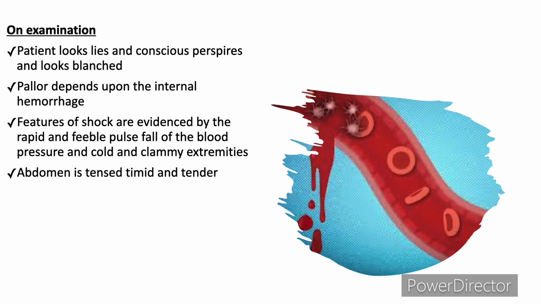Features of shock are evidenced by the rapid and feeble pulse, fall of the blood pressure and cold and clammy extremities. Abdominal examination reveals the abdomen is tense, tympanitic and tender. The tenderness is mostly limited to the lower abdomen. No mass is usually felt. Shifting dullness may be elicited. Gut may be distended.